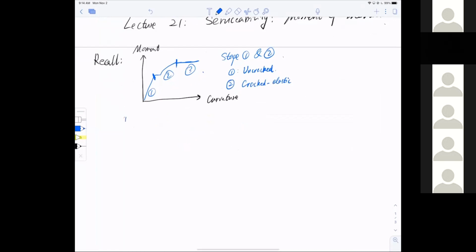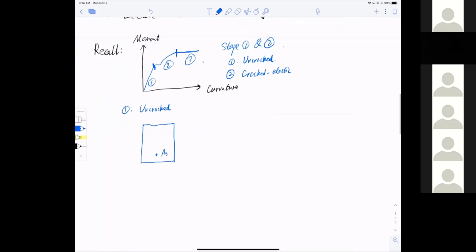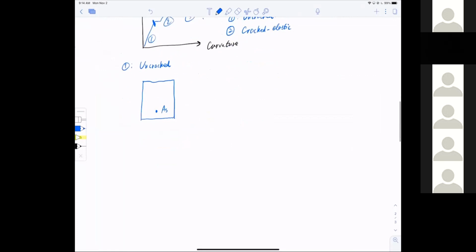Specifically for the uncracked section, we're looking at a beam that has a reinforcement here, AS, and we have to transform it into a shaded concrete section.